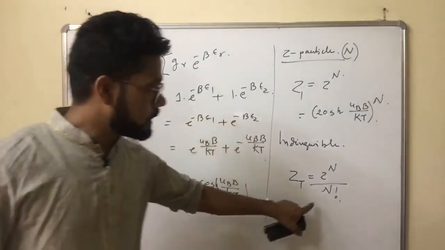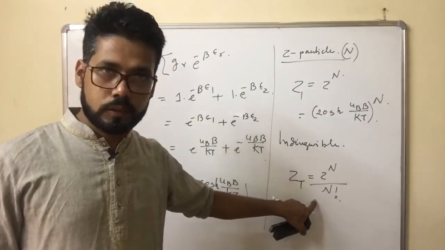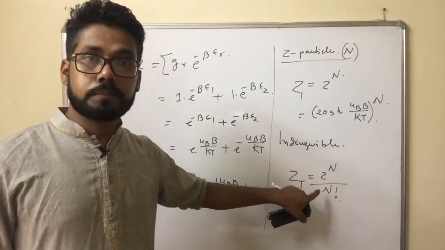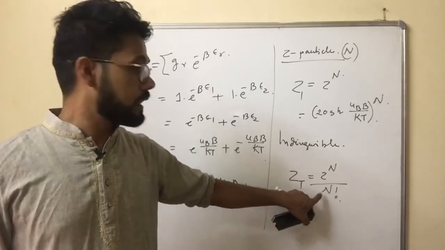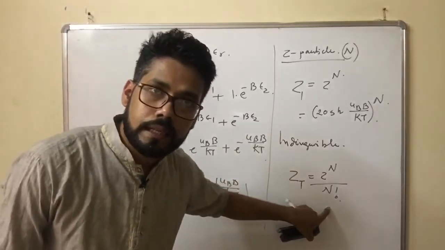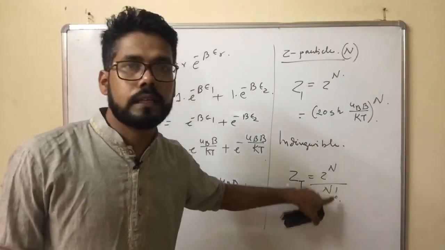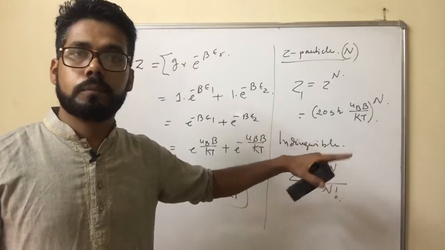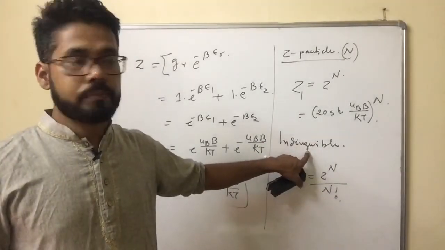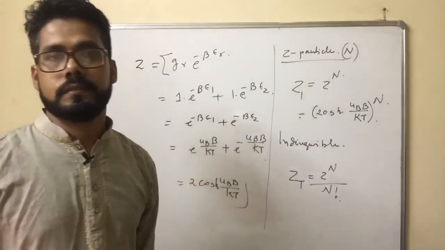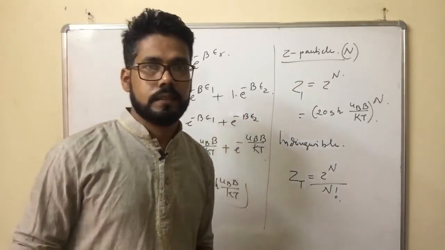If the question paper mentions indistinguishable particles and asks for the total partition function, then you have to divide by factorial n. If it is not mentioned as indistinguishable, then you write the earlier formula. This is the basic difference.